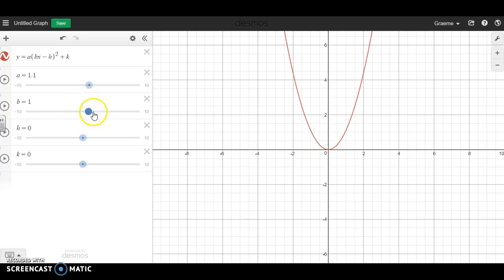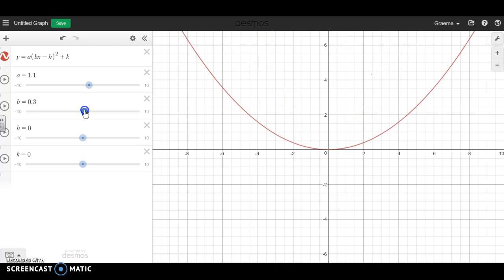Now the b value does the similar, except it's going to do it horizontally and kind of vice versa. So as I get between 0 and 1, I am stretching it horizontally until I can pull it out no further.